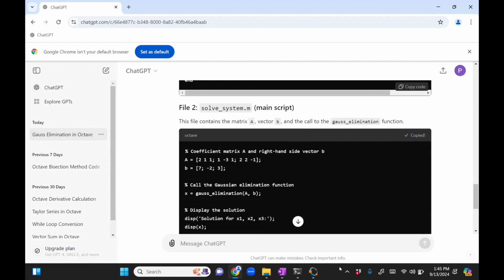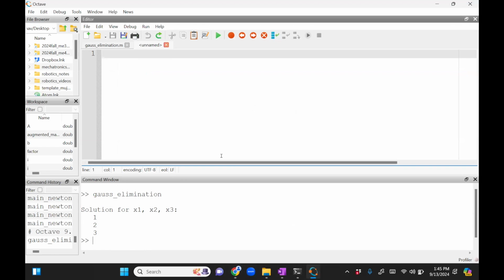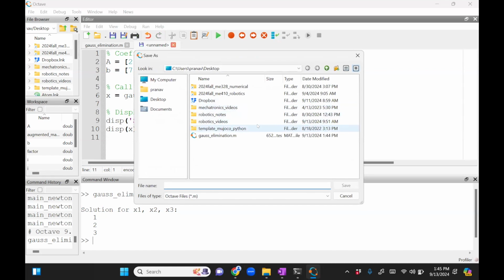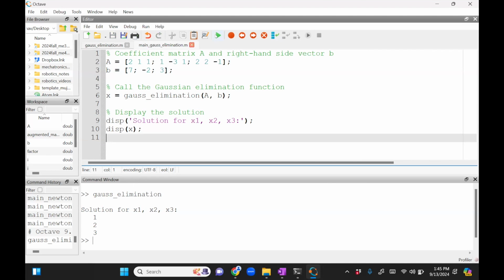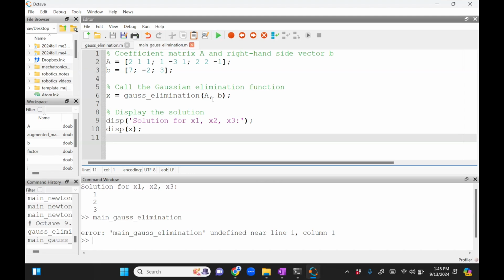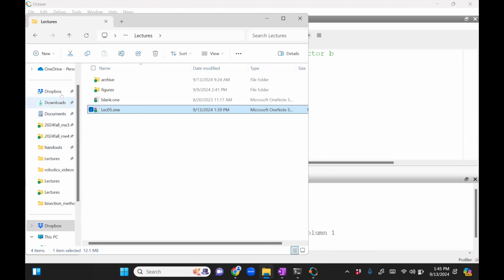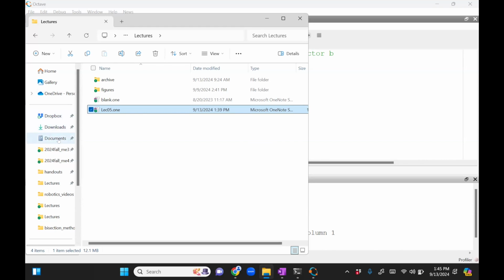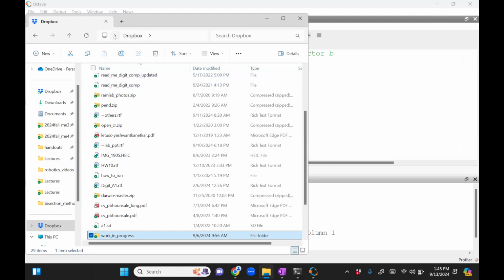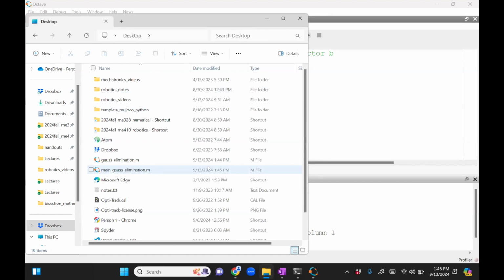Here, copy code and okay. So main Gauss elimination. Okay, I think that I did not save it at the same place. Let's go to the desktop. Yeah, I have it.